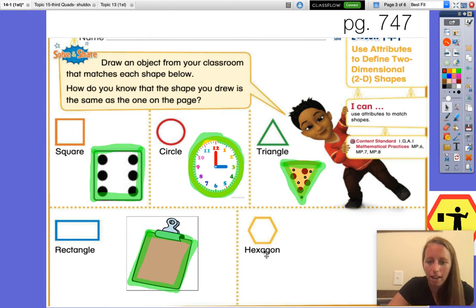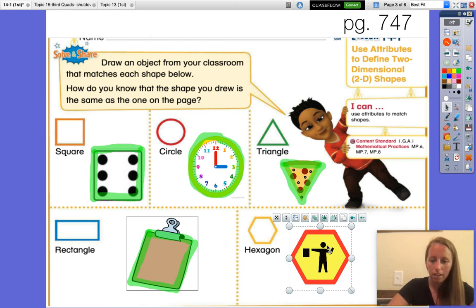And the last shape is a hexagon. If you look at a hexagon, it has 1, 2, 3, 4, 5, 6 sides. So something that we might see that is a hexagon is a sign, like for road work, right? This is a man holding a flag, and it's saying, slow down because there are men working on the road.